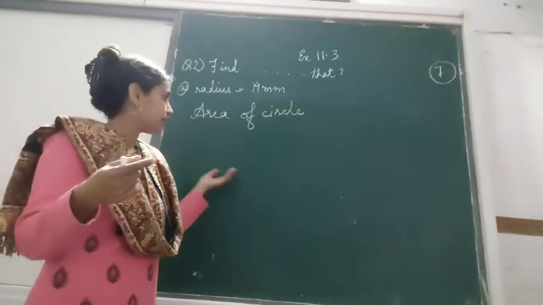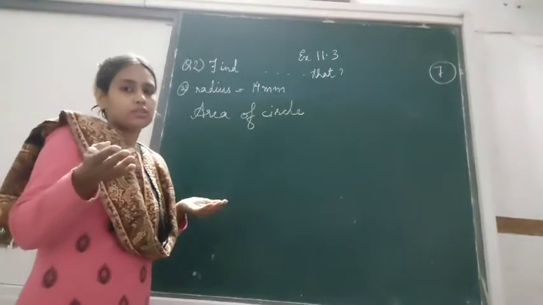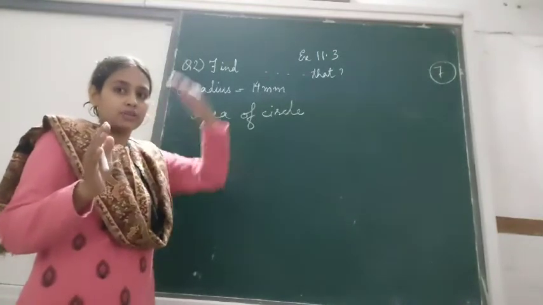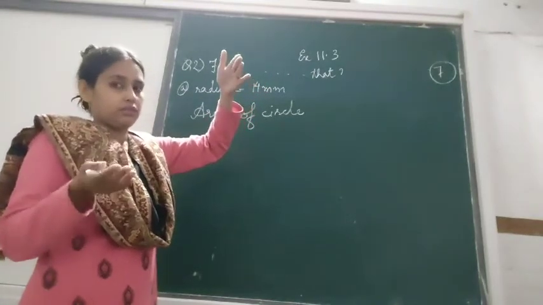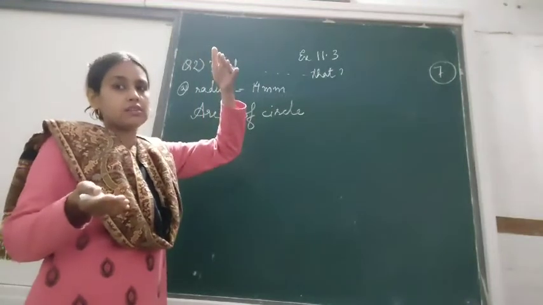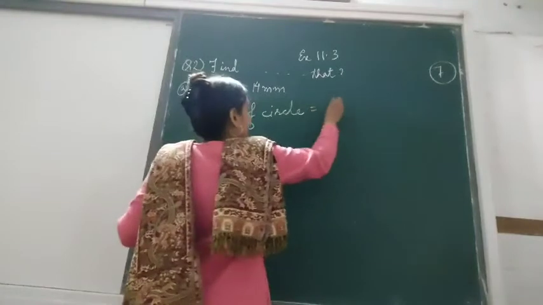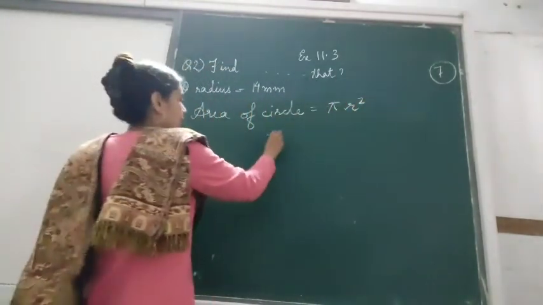And that's how we found the area of the circle, that is length into breadth, where the length was actually half of the circumference, because half circumference was on the top and half circumference was at the bottom. So half circumference into radius gave us the area of the circle as pi r square.